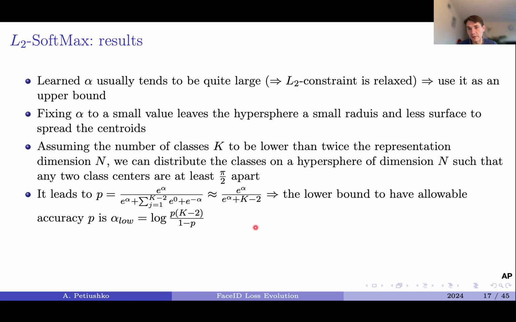So the lower bound, in order to have some allowable accuracy, for example if we would like the probability to be at least 1/2, is alpha low equal to the logarithm of p multiplied by k minus 2 over 1 minus p.